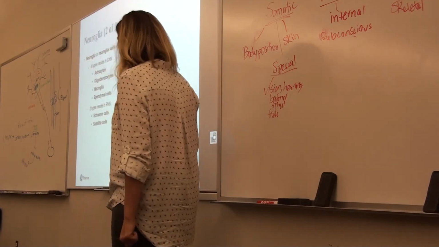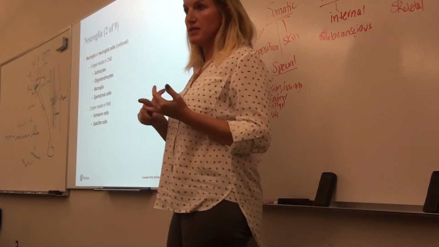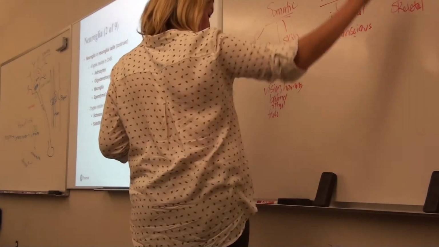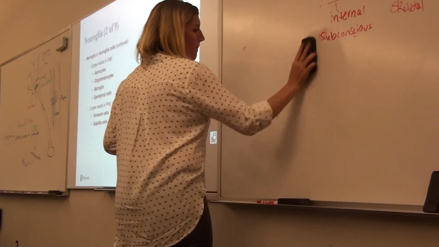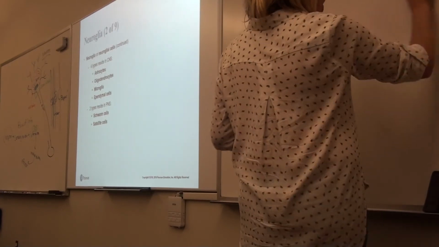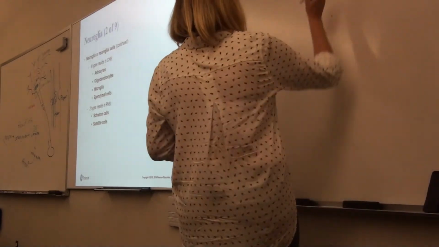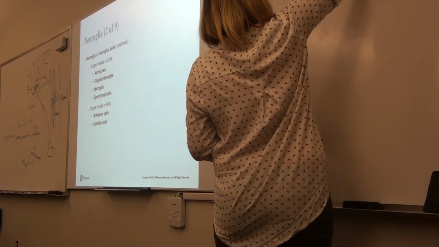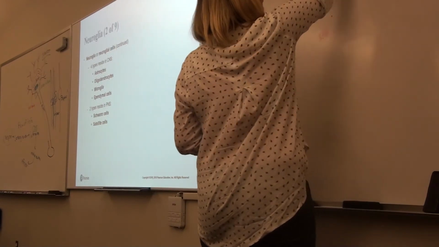So let's take a look at them. There's 4 major types in the central nervous system. I think I can erase this. Just kidding.